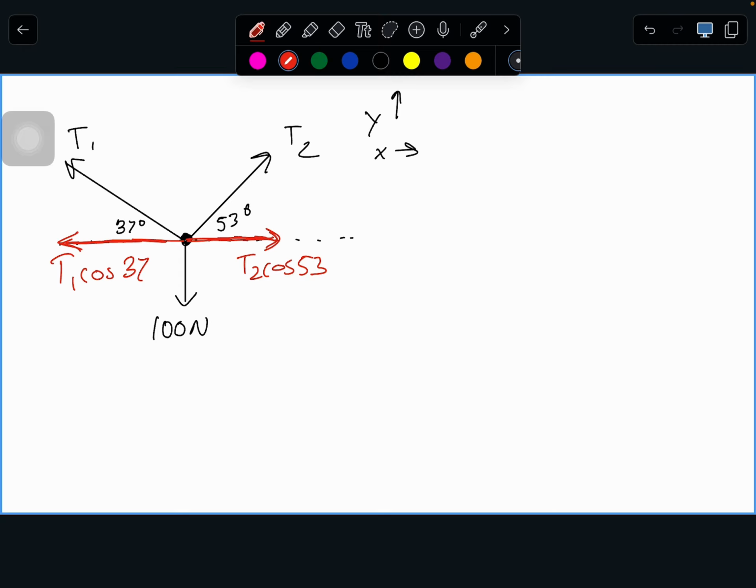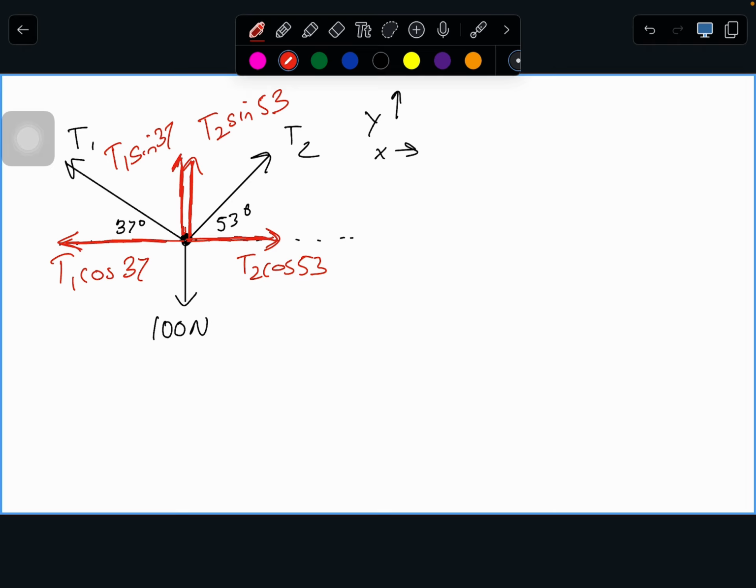Now the vertical components: this vertical one here, that's T2 sine of 53. And the one right next to it, that's T1 sine 37.